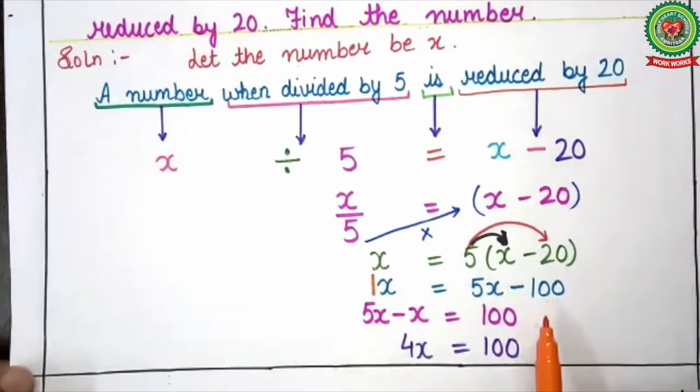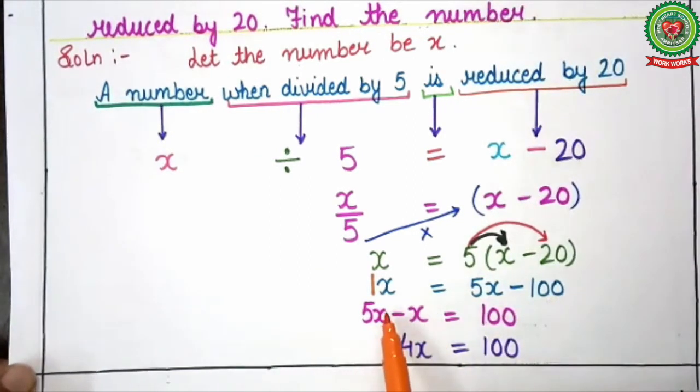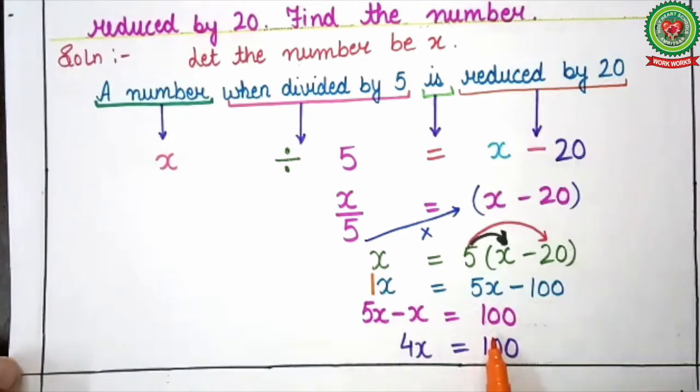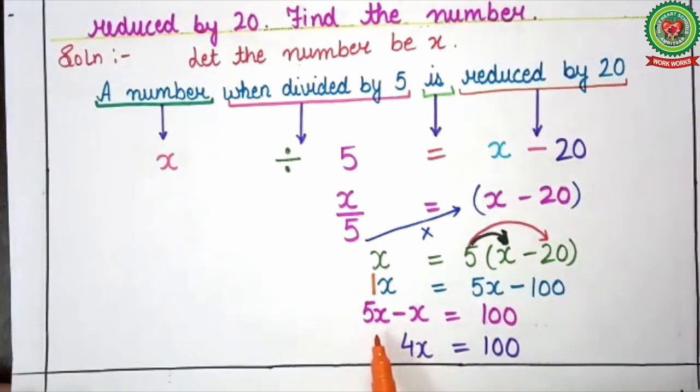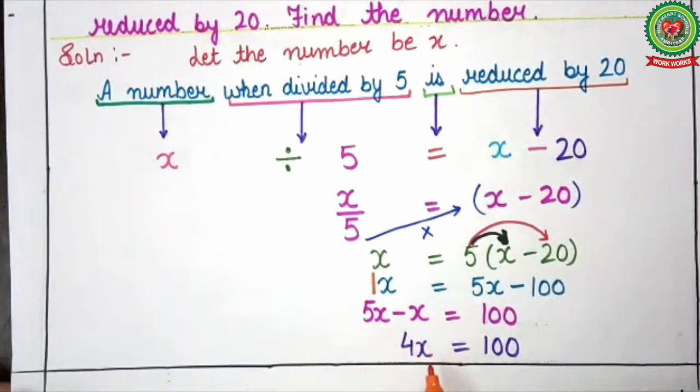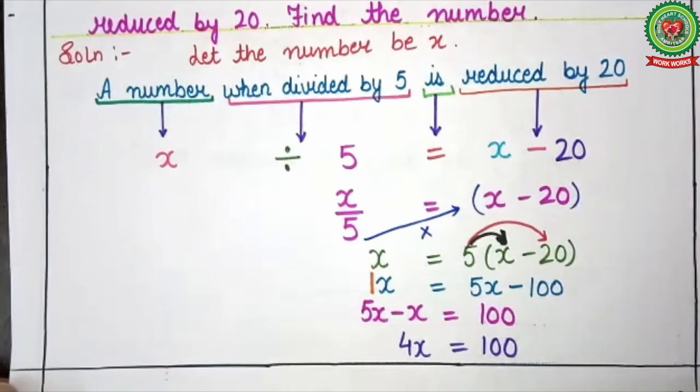And when we shift 100 towards the other side, here it comes plus 100. Now 5x minus x equals to 4x. So 4x equals to 100. Here no sign between 4 and x. It means here we are having the sign of multiply.